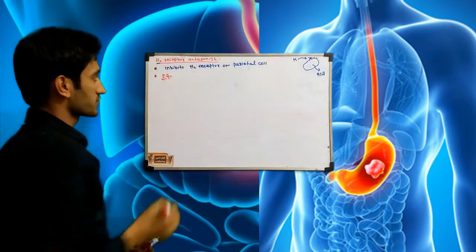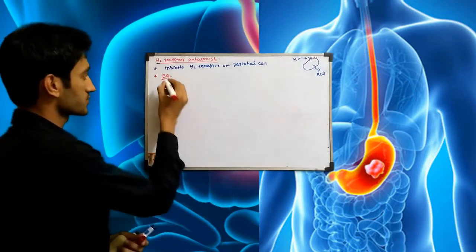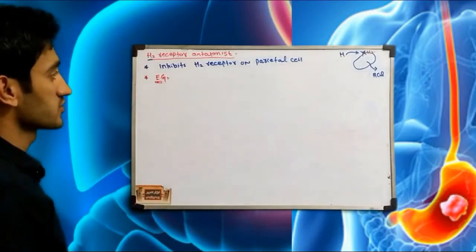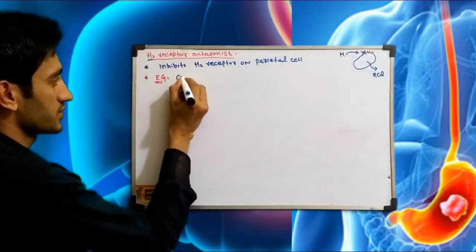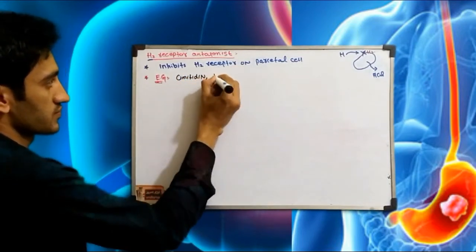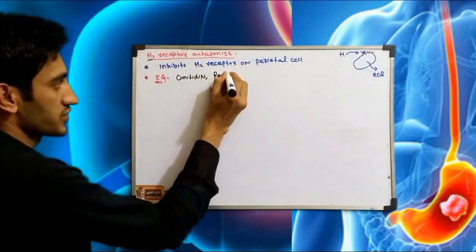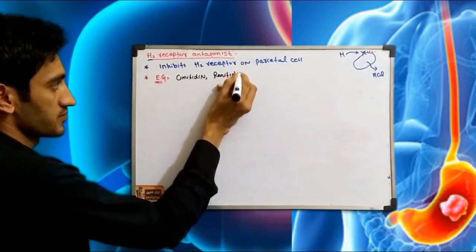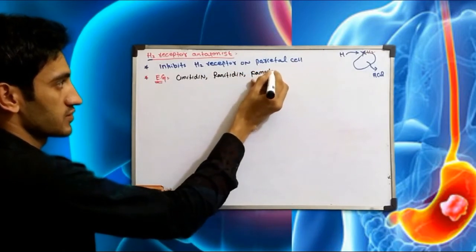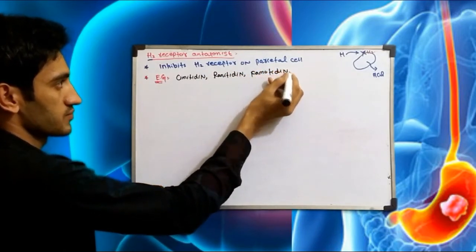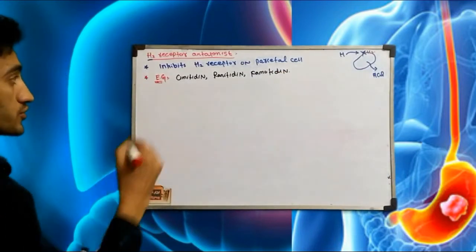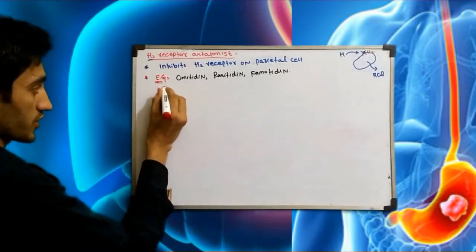What are the examples of H2 receptor antagonist? You should remember cimetidine, ranitidine, famotidine, and you should know the adverse effects.